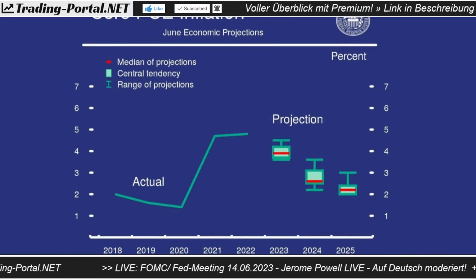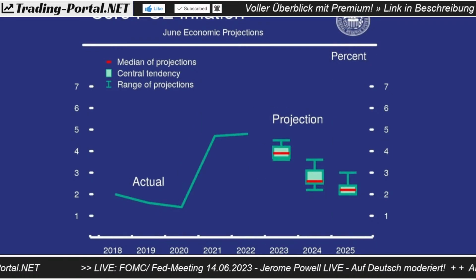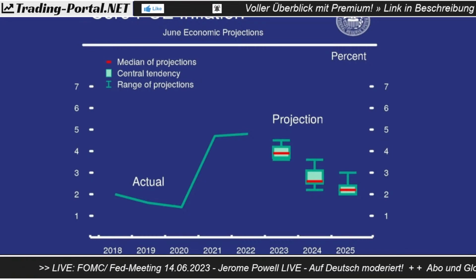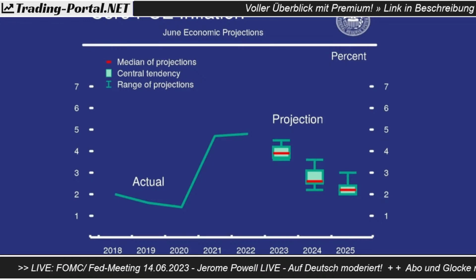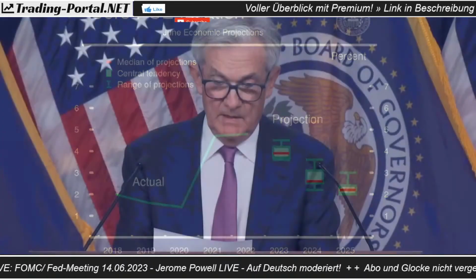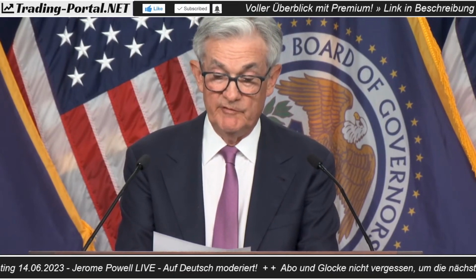Core PCE inflation, which excludes volatile food and energy prices, is projected to run higher than total inflation, and the median projection has been revised in the SEP up to 3.9% this year. Despite elevated inflation, longer-term inflation expectations appear to remain well anchored, as reflected in a broad range of surveys of households, businesses, and forecasters, as well as measures from financial markets.